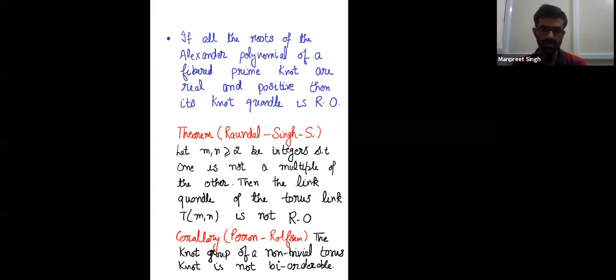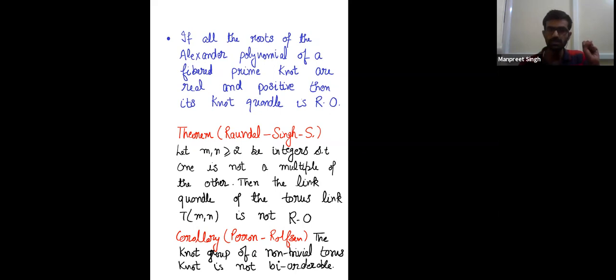The application of this result is that the knot group of a non-trivial torus knot is not bi-orderable, which was proved by Perron and Rolfsen. So how are we getting this? It was proved by Joyce that a knot is a prime knot if and only if its knot quandle is embedded inside the conjugation quandle of its knot group.